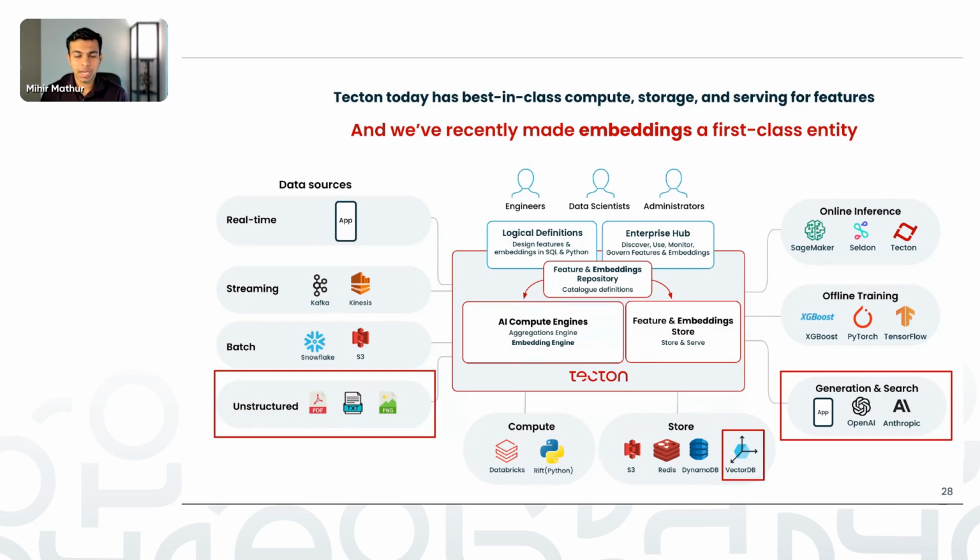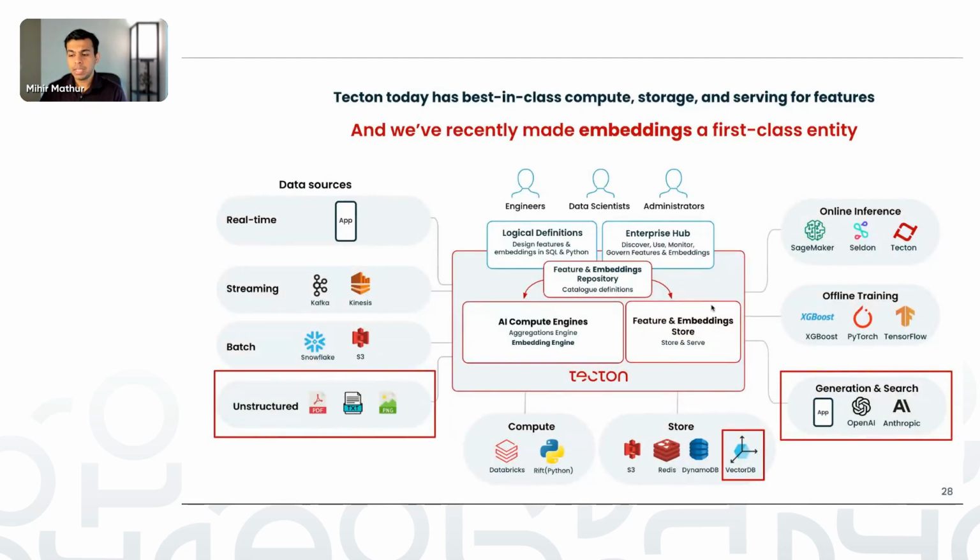And what we've really done is we recently made embeddings a first-class entity. And that just meant adding a few different things. So we had to add support for unstructured data sources. We had to support a way to export to vector databases. And then we had to evolve our compute engines, which were doing aggregations only before, to also run embeddings.